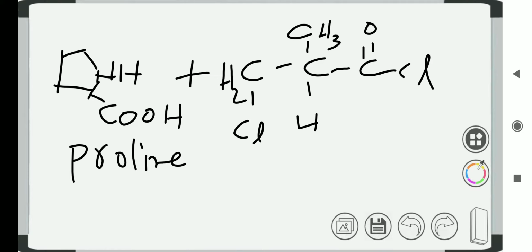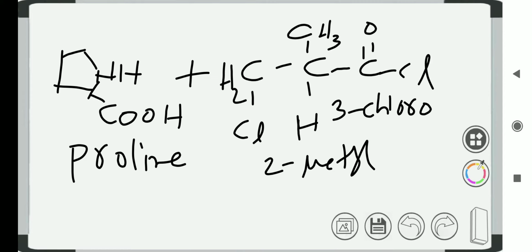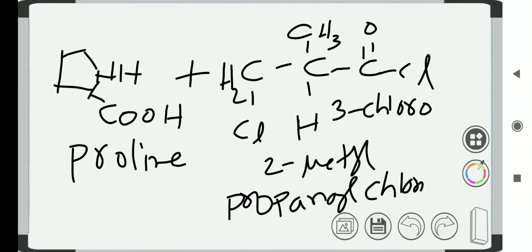We have the substitution of a methyl group, so it becomes 3-chloro-2-methyl propionyl chloride. Your proline undergoes reaction with 3-chloro-2-methyl propionyl chloride to give an intermediate.